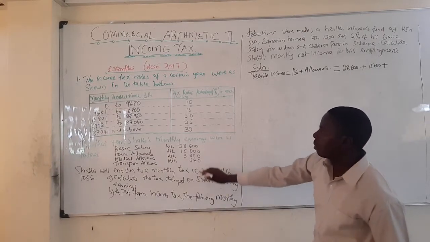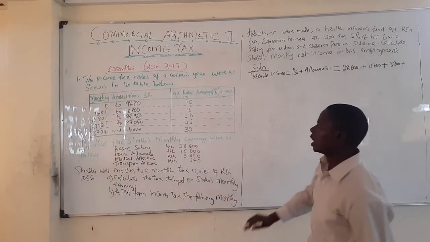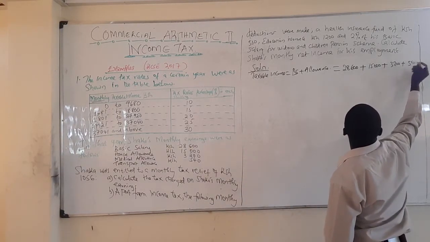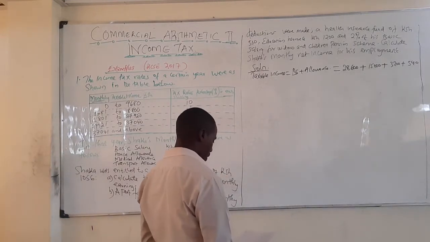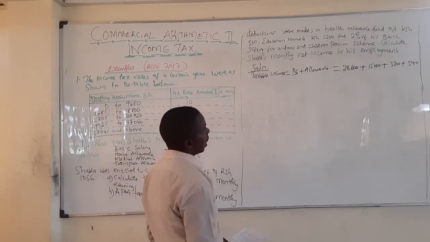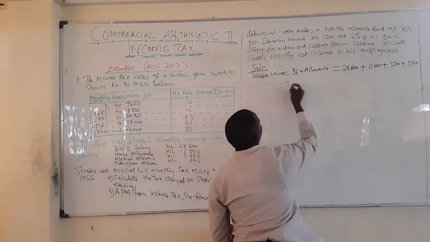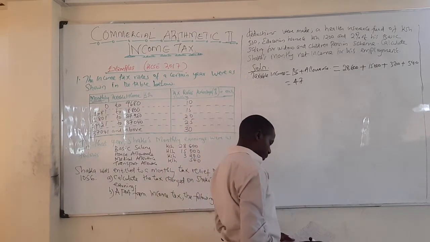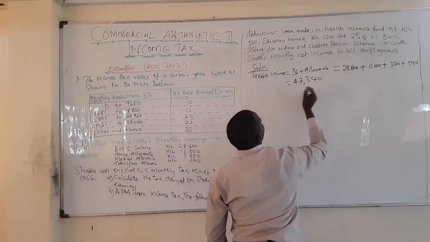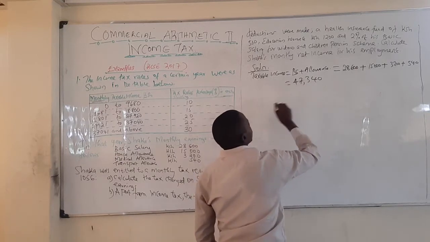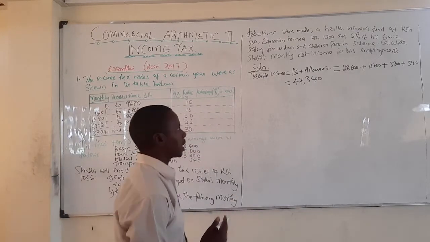We add medical allowance 3,200, and then we add transport allowance, which is 540. So the total, when you add these allowances and the salary, you get 47,340. So that is the taxable income, the money that is going to be taxed.